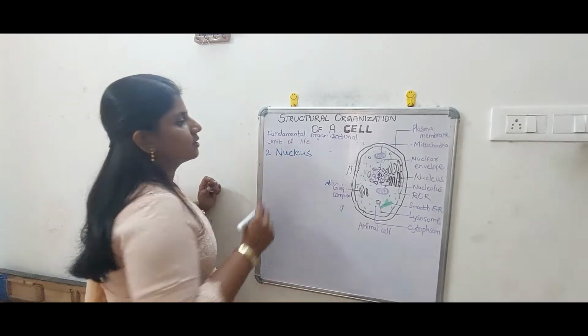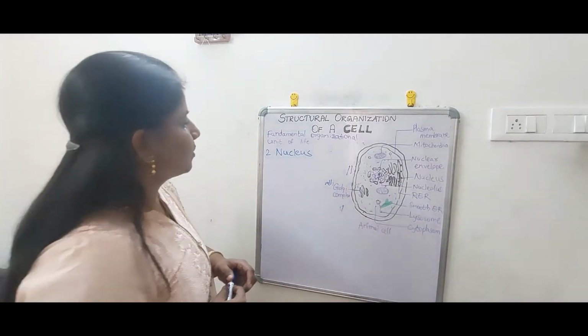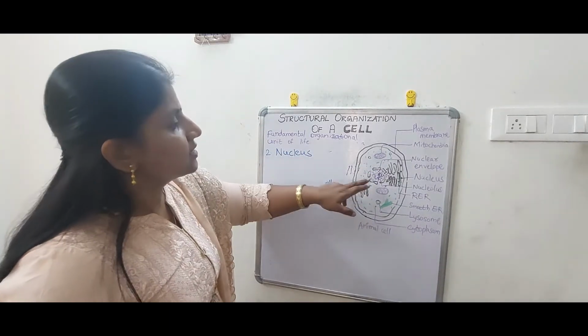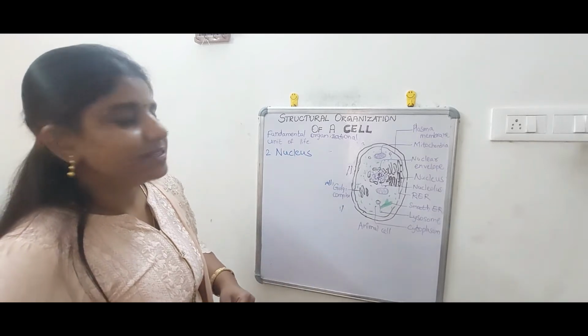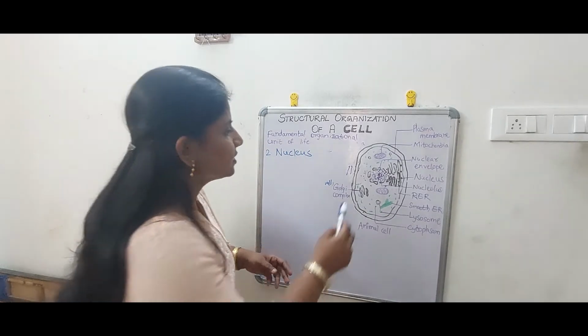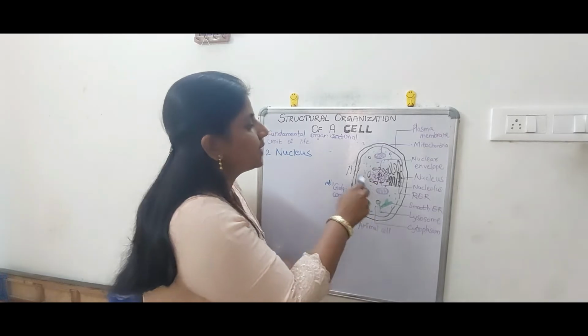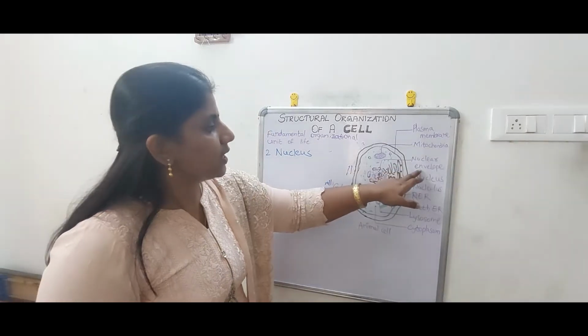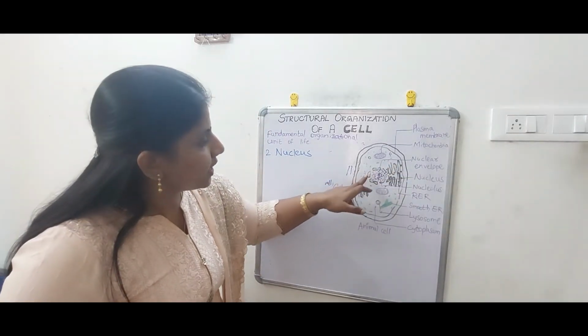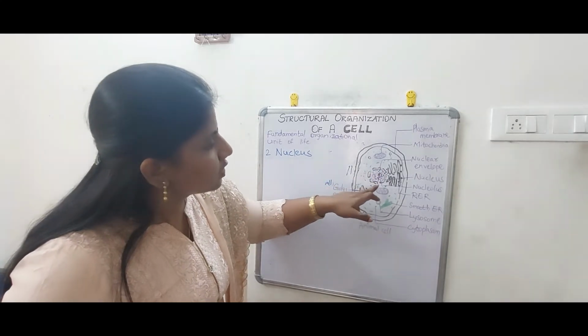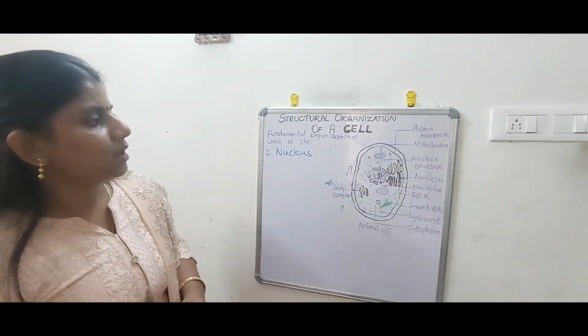So, nucleus. Nucleus is present inside the cytoplasm of the cell. Some cells contain two layers of nuclear membrane called nuclear envelope. In between this nuclear envelope, there are pores called nuclear pores.